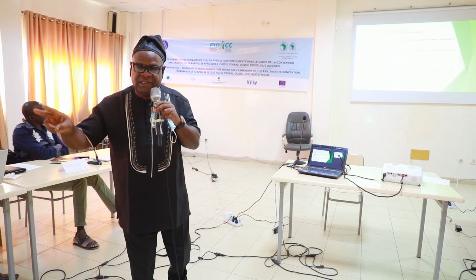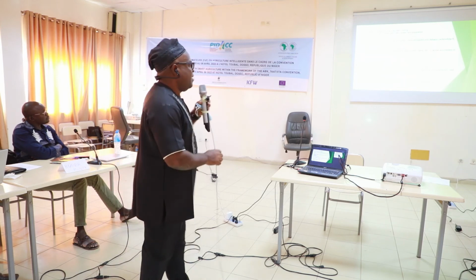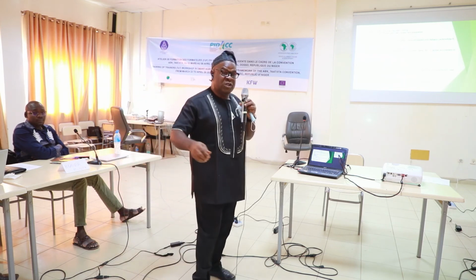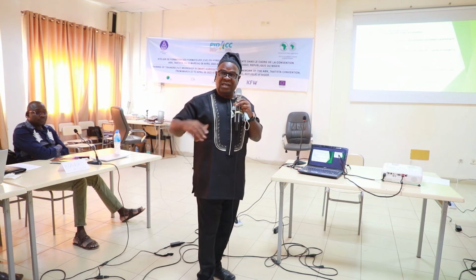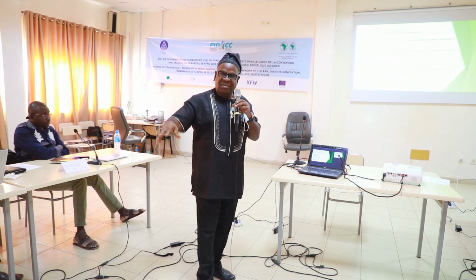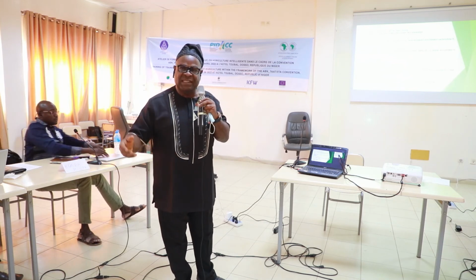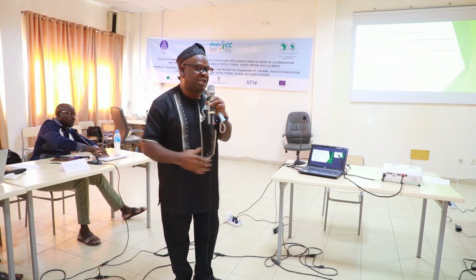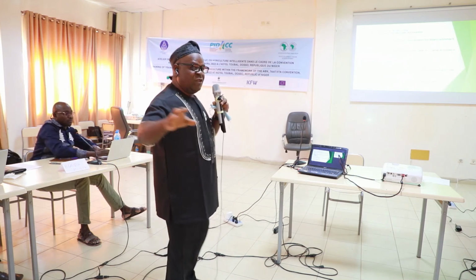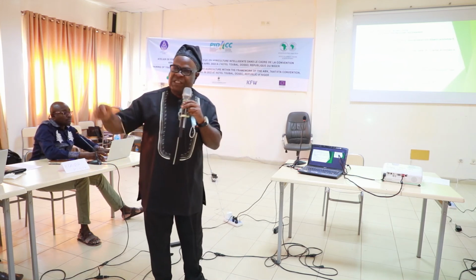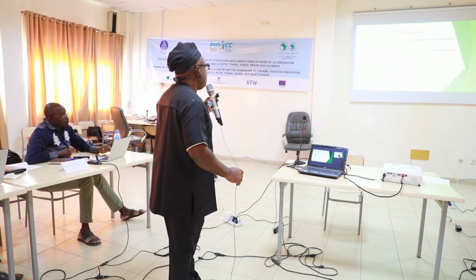There's a difference between grain and seed. The one that they will go and cook, some people will buy grains and call it seed. And when they sow it, instead of 90% germination, you'll be seeing 30 to 40% germination. And that's one of the problems African farmers have been facing before now.